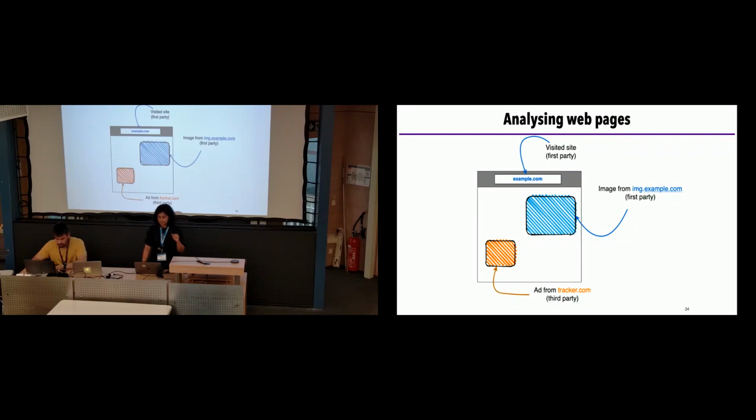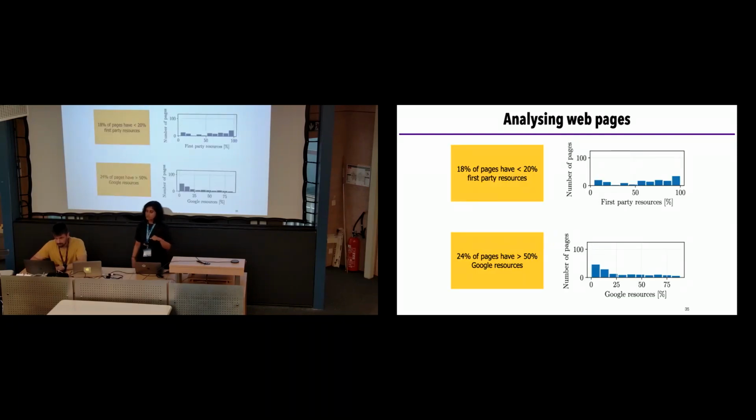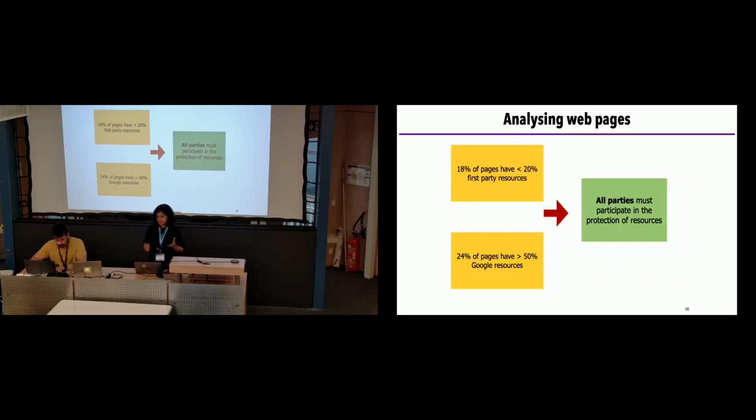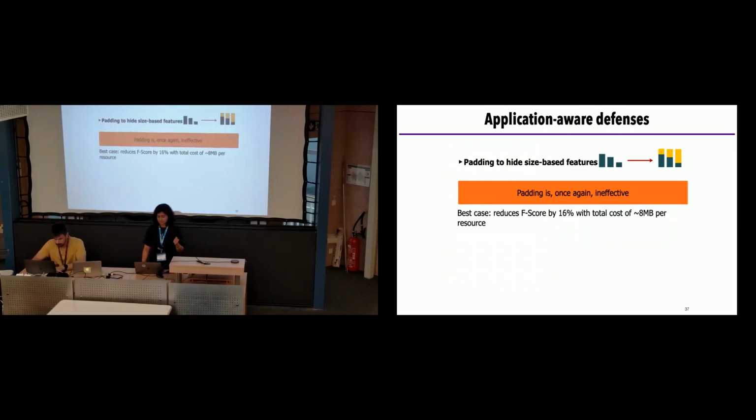The main thing we found was that nowadays websites have a lot of third-party resources on their web pages, especially Google resources. And we did a bunch of experiments and found that all the parties have to coordinate if you want any kind of protection against website fingerprinting.